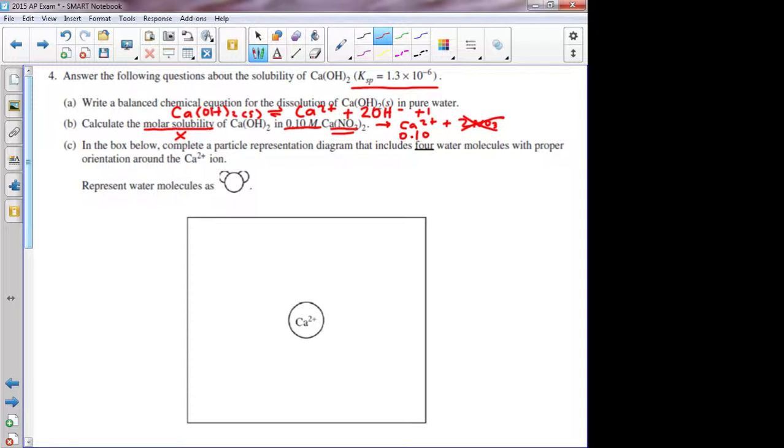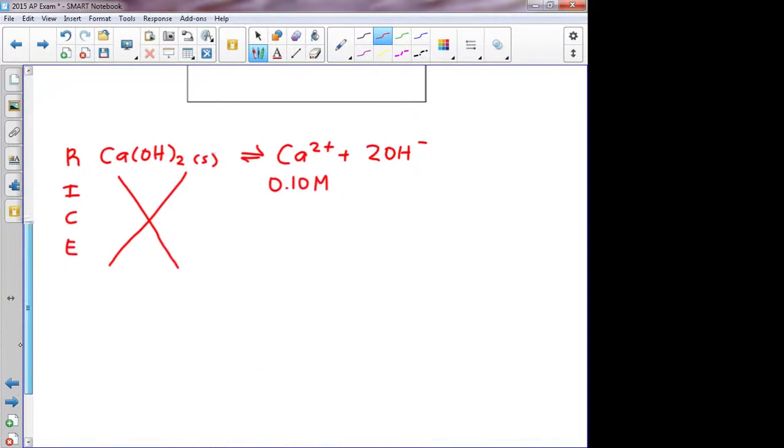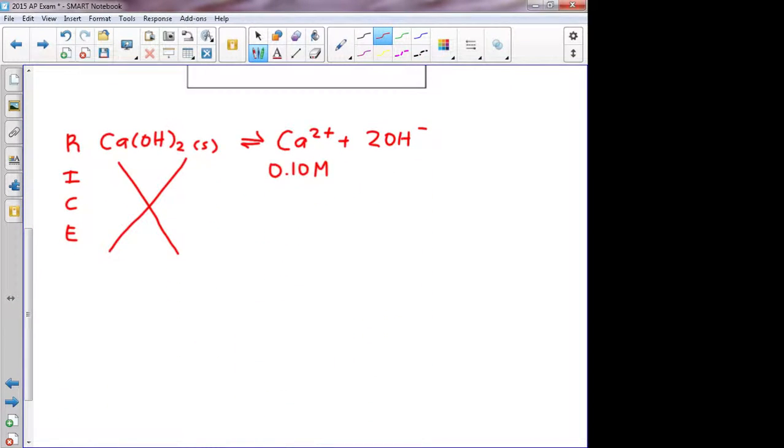Do we see that? Yes. Okay. Now, how much of the OH negative am I starting with? 0, right? Do I have any OH negative in that calcium nitrate solution? No. So I'm starting with 0 of that. Does this make sense? We see that? All right.